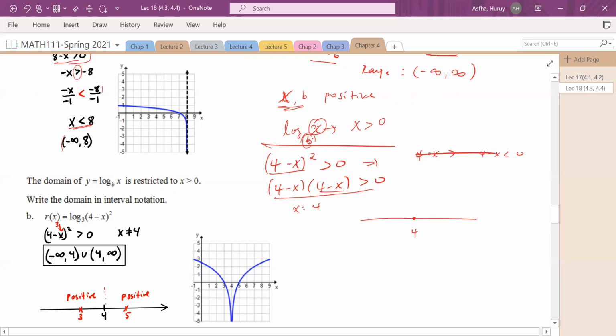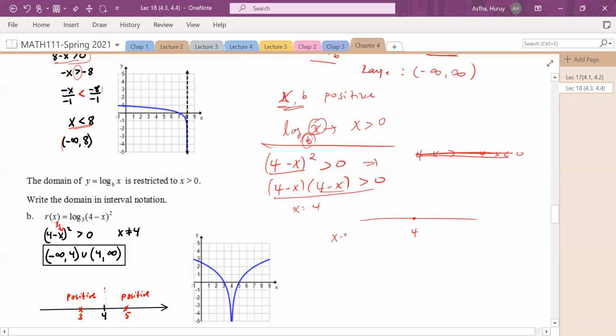Okay, so instead of determining it this way, suppose we write this expression as a product of linear factors like this. Then we find the roots, or the zeros, of this, and in this case we have only one, which is 4.